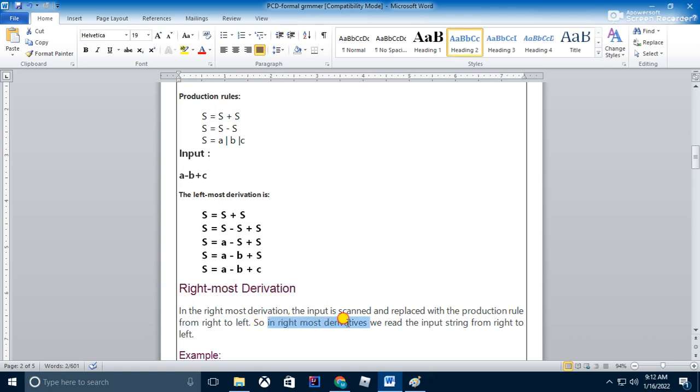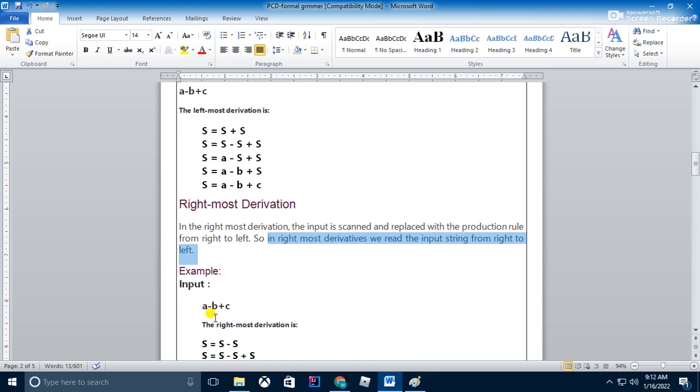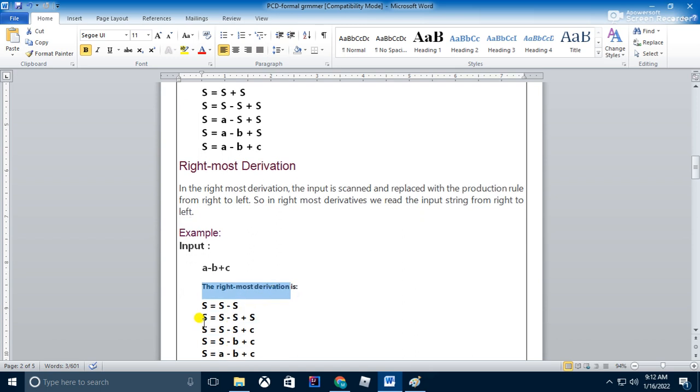So in the rightmost order of derivation, we read the input string from right to left. For example, if we have the input string a - b + c, and we have production rules like S = S - S.